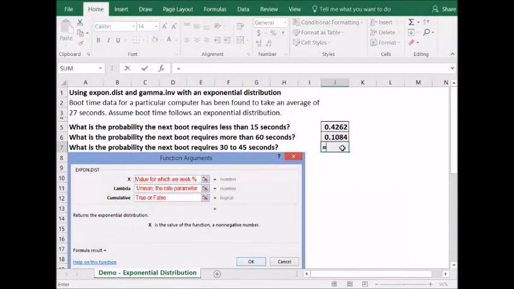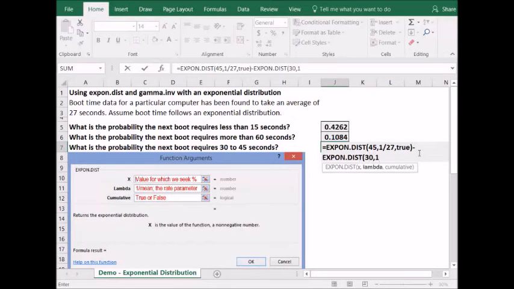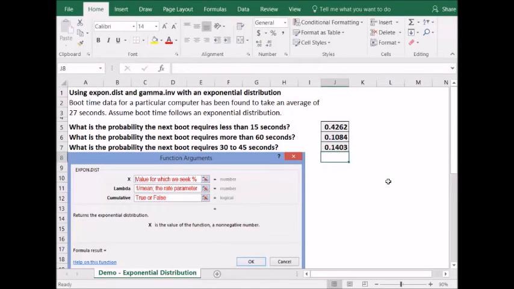So we'll do equals expon.dist, and for the x we'll put 45, 1 over 27, true, and then subtract from that expon.dist, 30, 1 over 27, and true. And it's 14%. Approximately 14% of the time, it will take between 30 and 45 seconds to boot.